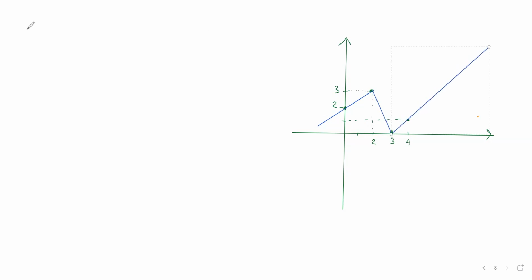All right, so the question is the following. A, this is a graph of y equal to f of x, find f of 2. Okay, find f of 2 first, everyone.